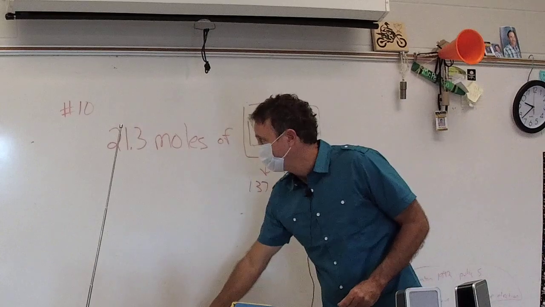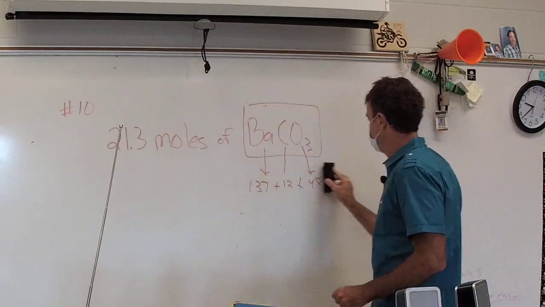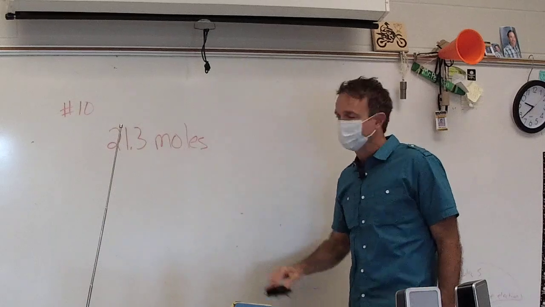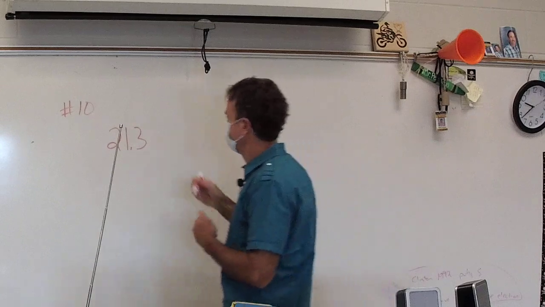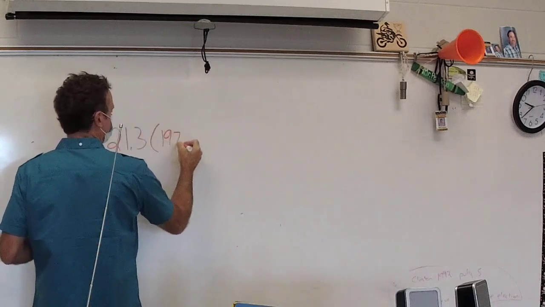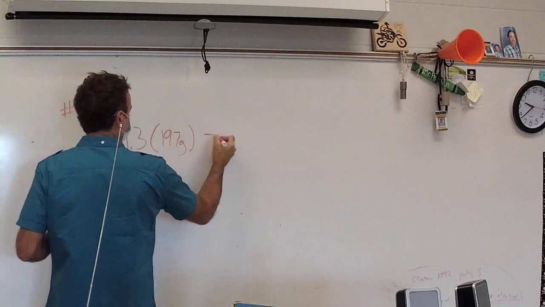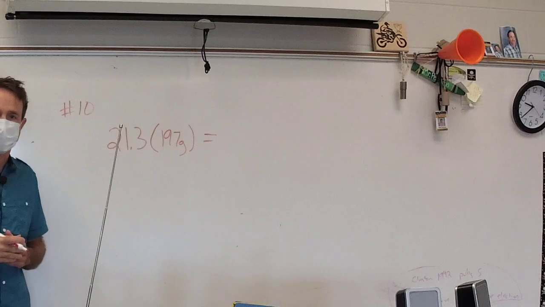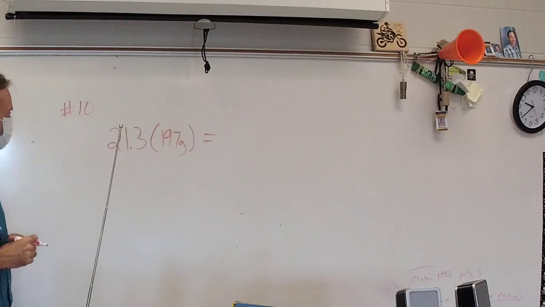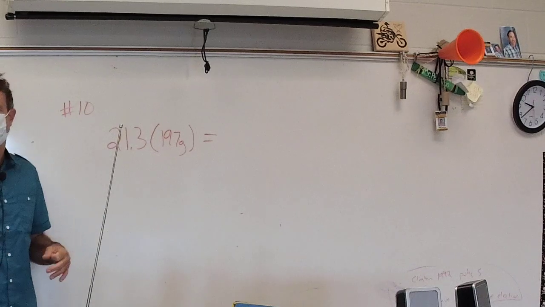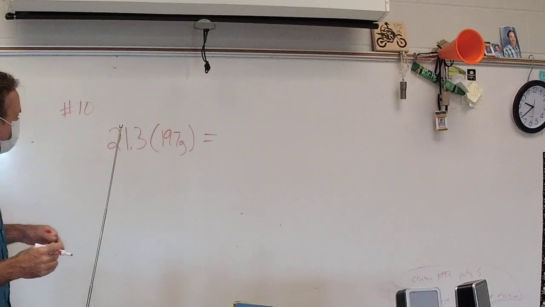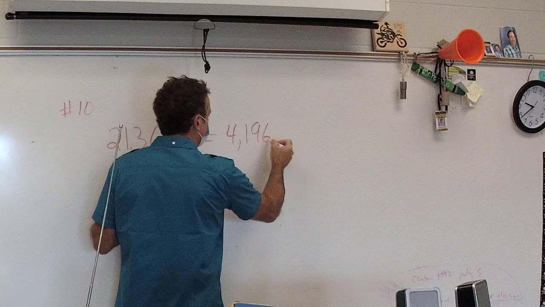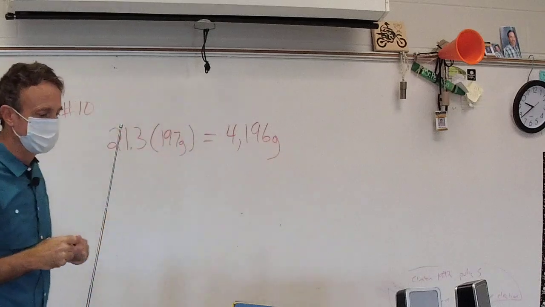So, if we have 21.3 moles of barium carbonate, how much does a mole weigh? 21.3 times 197. Really simple. What'd you get, Gabby? 4,196. Approaching 4,000. 4,196 grams. Okay. And that's it.